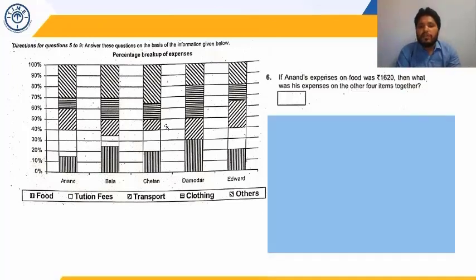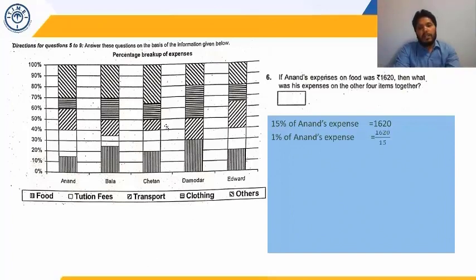Okay, so let's start solving it. We know that Anand's total expense on food is 15% of his total expenses, which is given to us to be rupees 1620. So we can say that 15% of Anand's total expense is going to be rupees 1620.